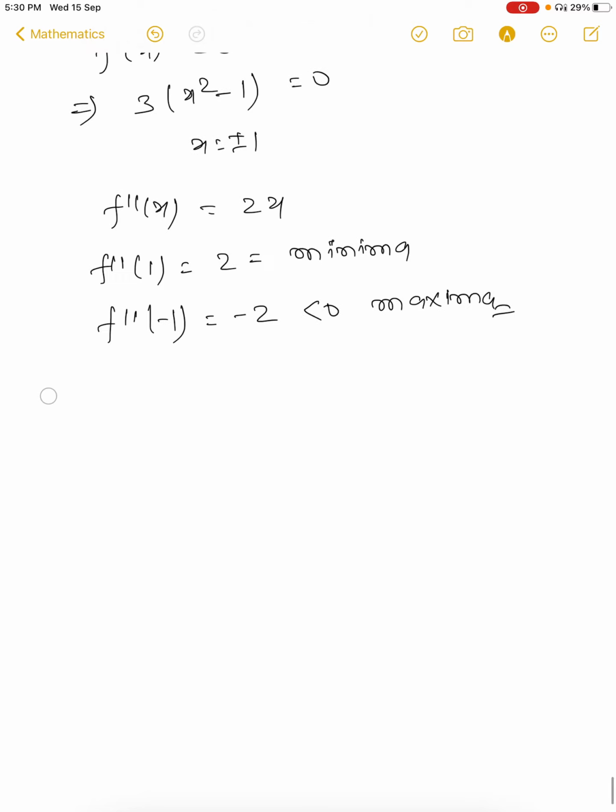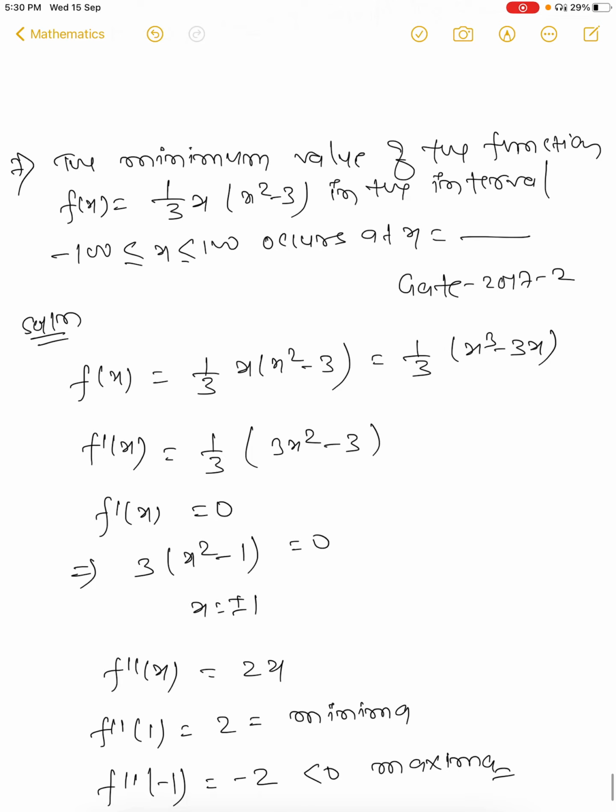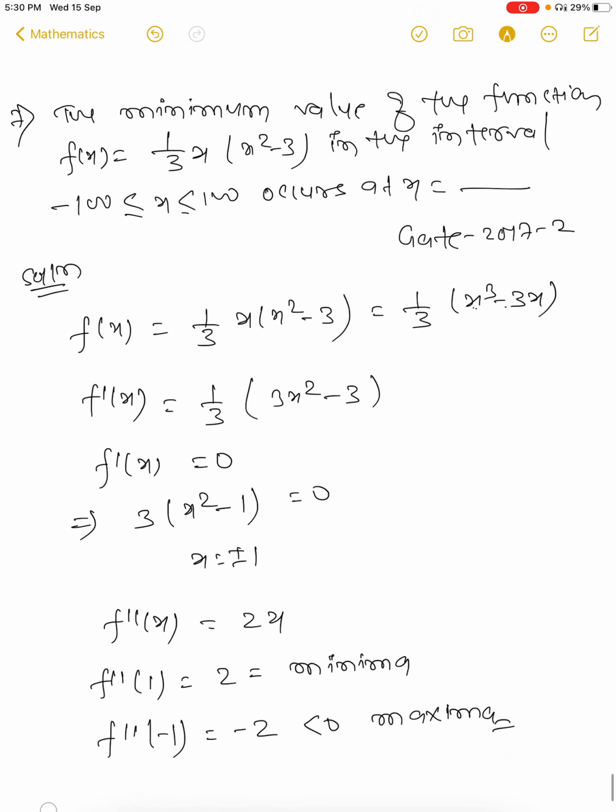So what will be the minimum value? We can find the minimum value at 1. When you put the 1, you will get 1/3 minus 3, which is minus 2 by 3.